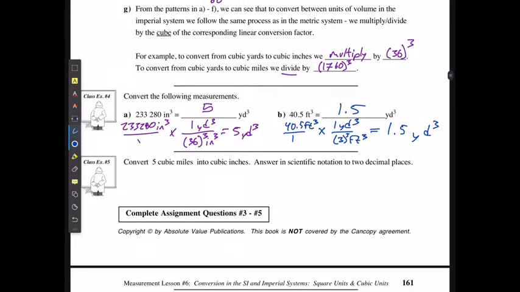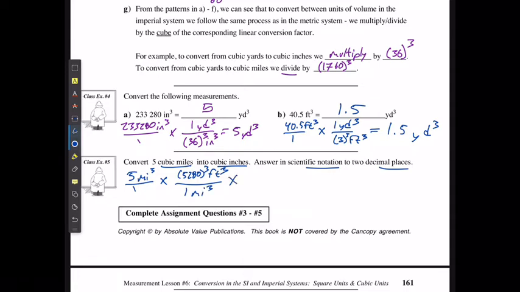If I'm going to convert 5 cubic miles into cubic inches and answer in scientific notation to 2 decimal places, well, I'm going to start with my 5 miles cubed over 1. I'm going to convert that into feet cubed, 5280 to the power of 3 feet cubed over 1 mile cubed.